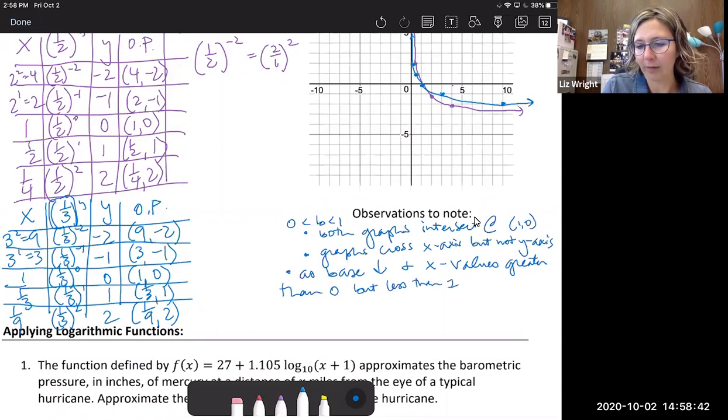So we're talking about this portion of the graph, right? So what's happening in that trend right up above? The curve gets steeper and closer to the y-axis.